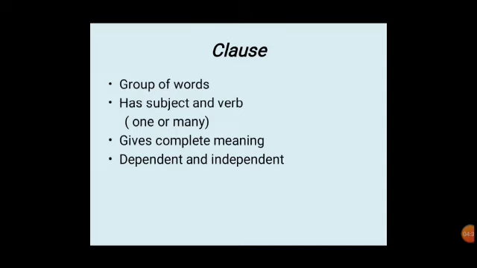If it is a subordinate clause, it always depends on something else. Now can you understand that? I'll give you one example. I go to school. Here I is the subject, go is the verb. When you read this, can you understand the meaning? I go to school. நான் பள்ளிக்கு செல்வேன். So this is the meaning that is conveyed.